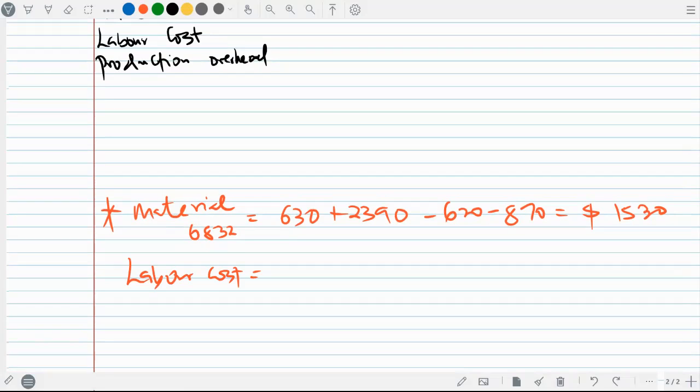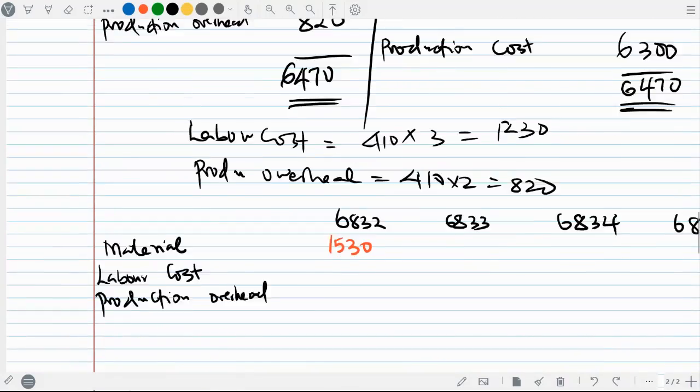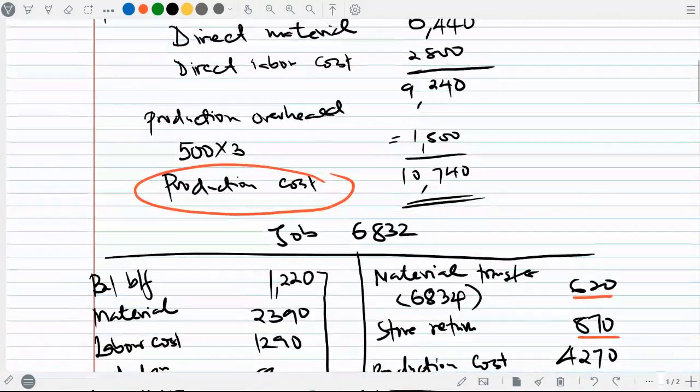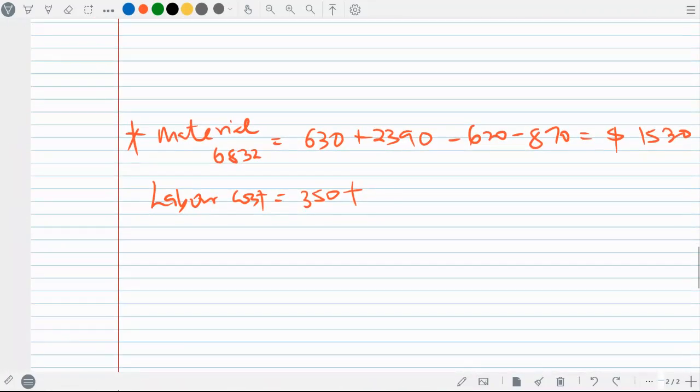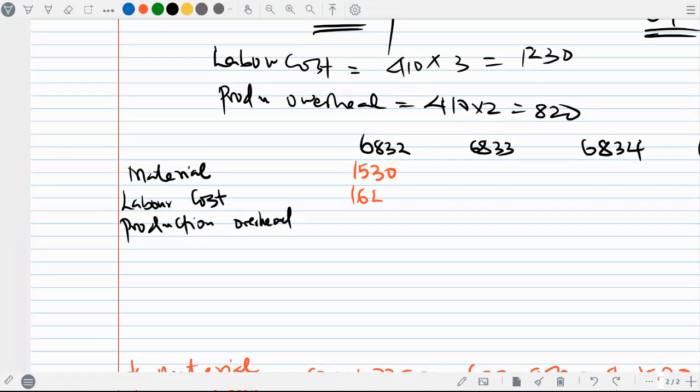The labor cost brought forward is 350, plus the labor cost for the month for the job, going back to the account that we have already drawn, which is 1290. That gives us how much? 1640. Therefore, labor cost is 1640.